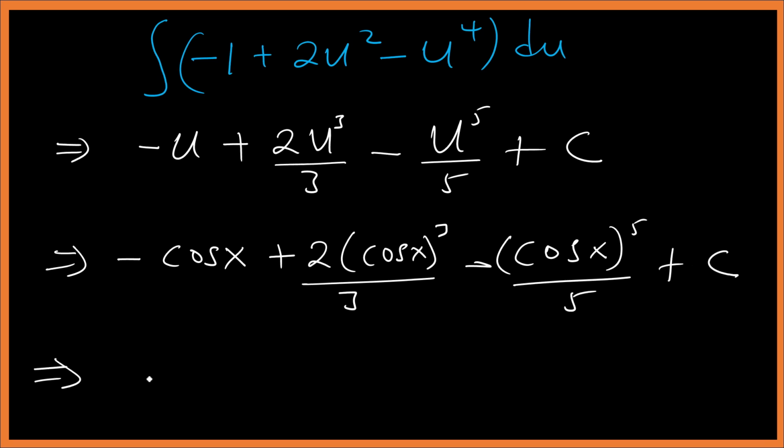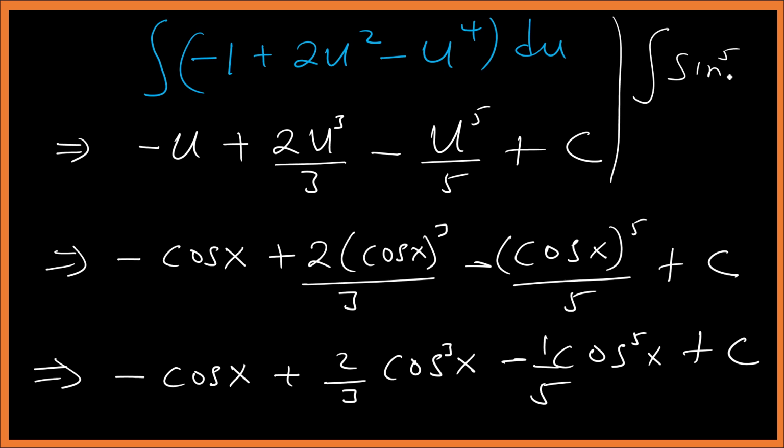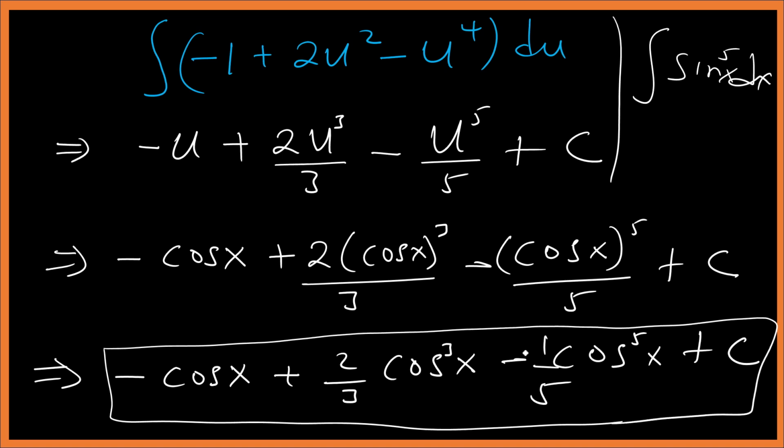Now from here we can write this as minus cos x plus 2 on 3 cos cubed x, minus 1 on 5 cos to the power 5 x, plus c. That's the proper way of writing it. So the integral of sine to the power 5 x dx, there's the answer. As simple as that. So we have this as our answer.